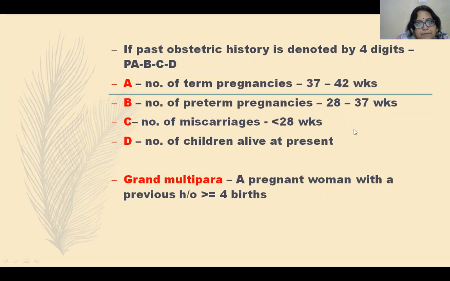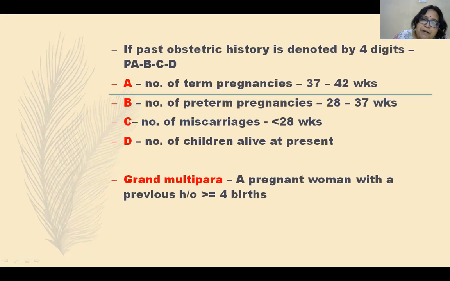C is the number of miscarriages, that is less than 28 weeks. And D is the number of children that are alive at present. So some institutions will follow this notation. Some will indicate the number of term pregnancies or all the pregnancies by G. Some will denote it with two digits, some people will denote with 4 digits.